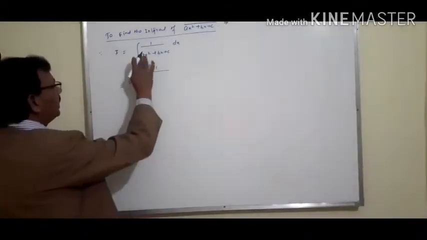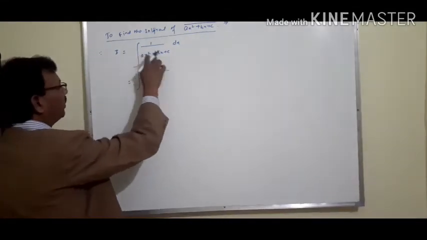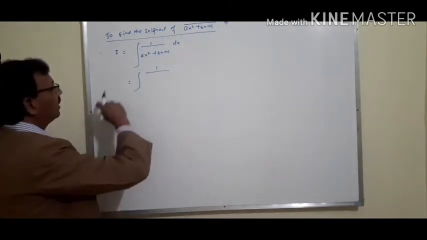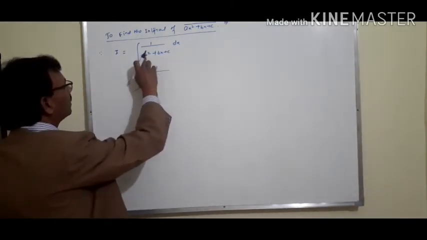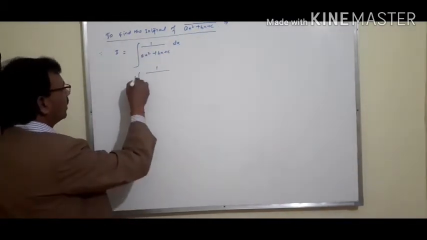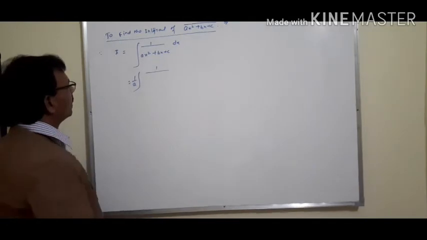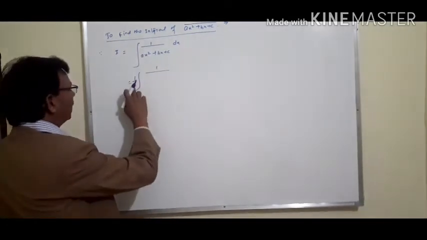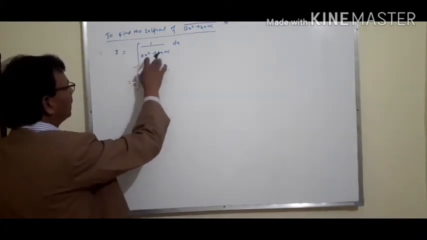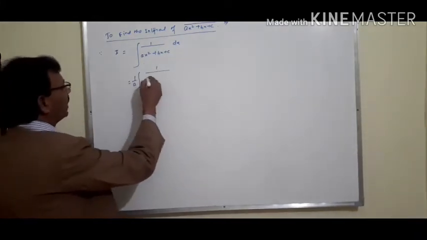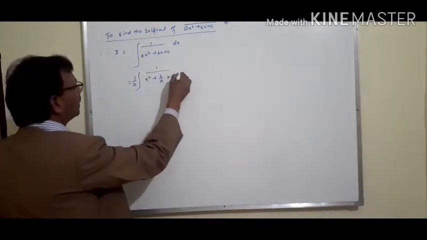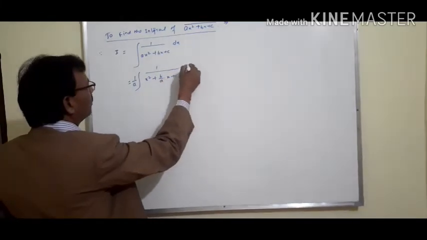So first we take a as a common factor from this denominator, making the coefficient of x square equal to 1. So this will be x square plus b upon a into x plus c upon a, into dx.